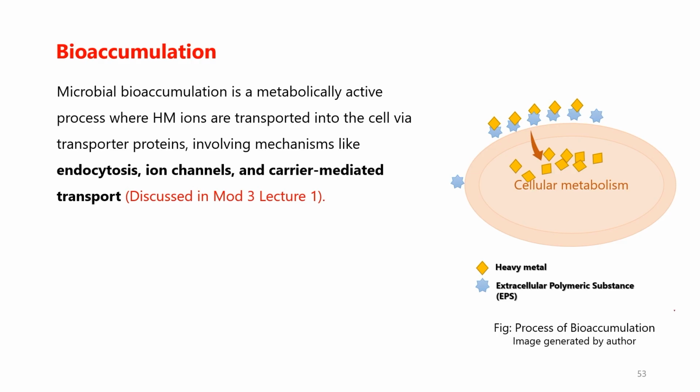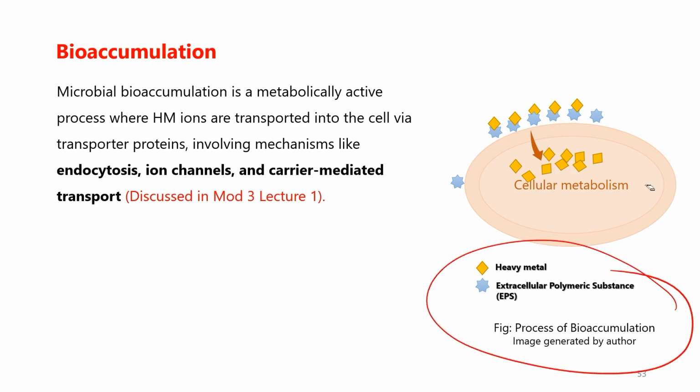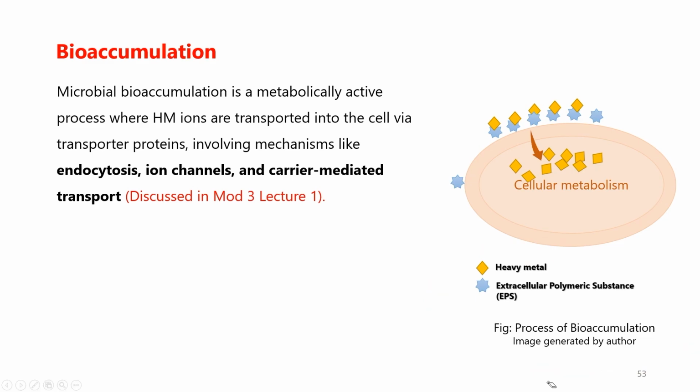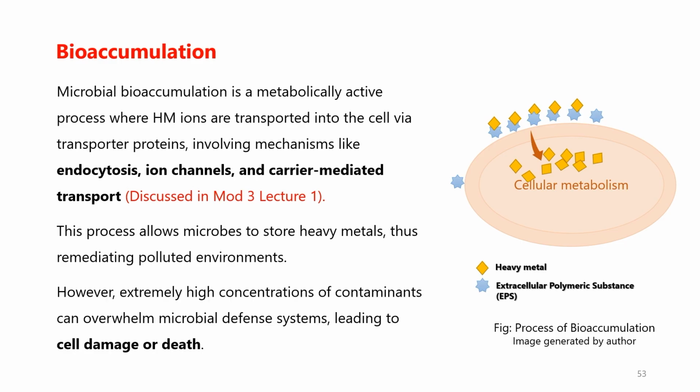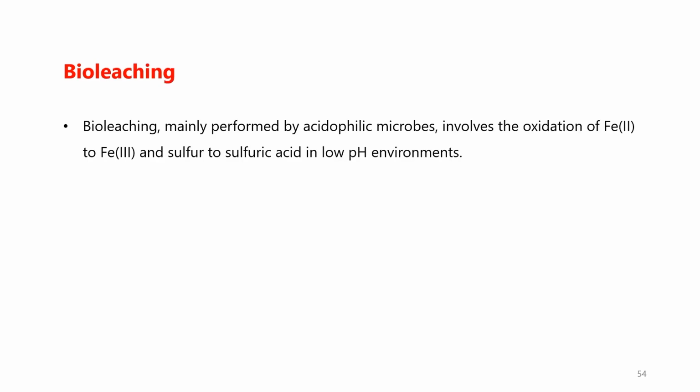So, this is the schematic for the process of bioaccumulation, where these heavy metals are internalized, and this is the extracellular polymeric substance as shown in the blue color. This process allows microbes to store heavy metals, thus remediating polluted environments. However, extremely high concentrations of contaminants can overwhelm microbial defense systems, leading to cell damage or death.